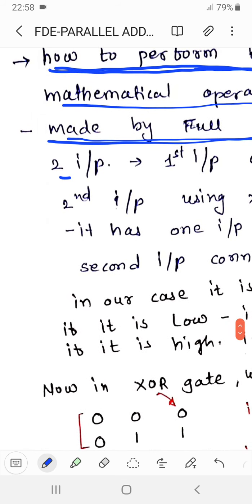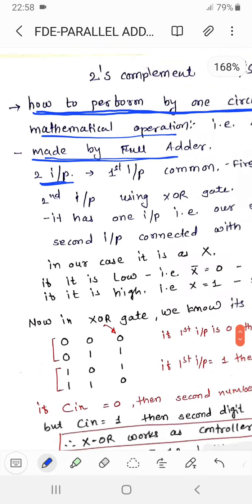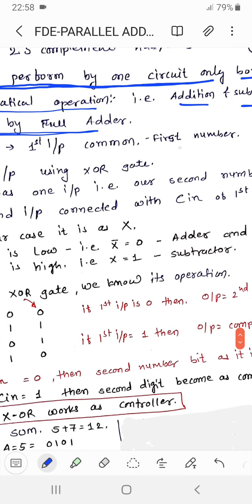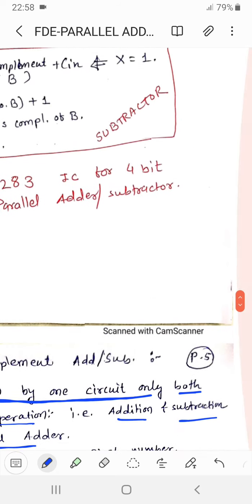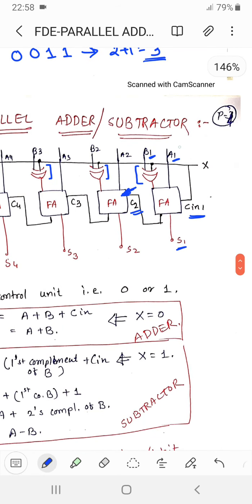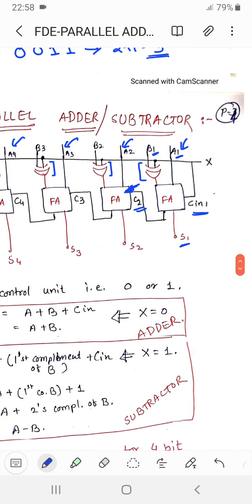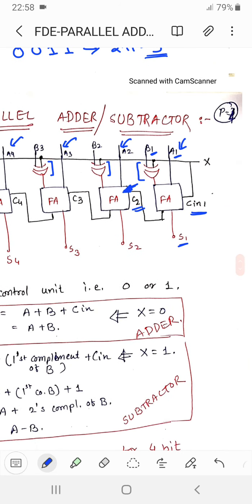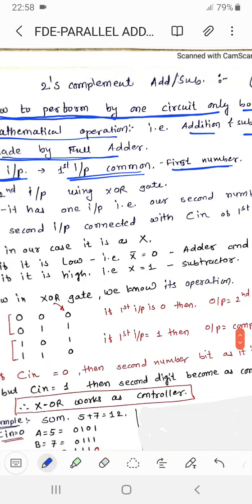The first input, the first number, is as given, and we directly implement it. So A1, A2, A3 and A4 are the 4 bits of your first number, as it is.